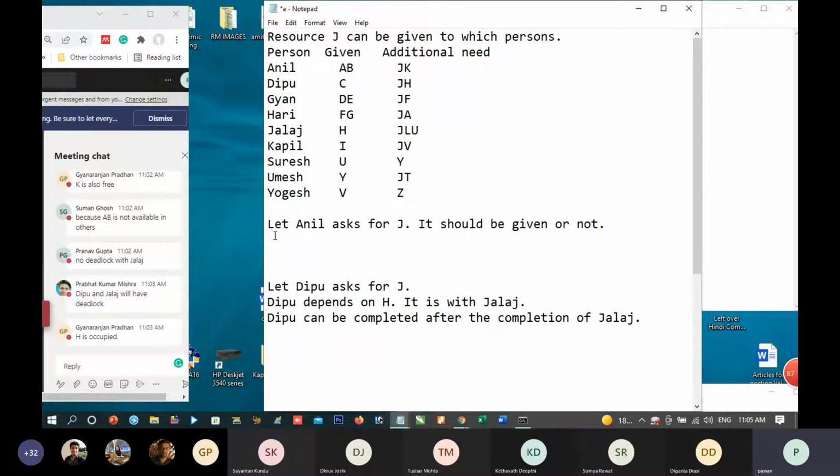Anil may need K also, but K is a free resource. Anil depends upon K only, and K is free. Anil does not depend on anyone. Correct? So J can be given to Anil.